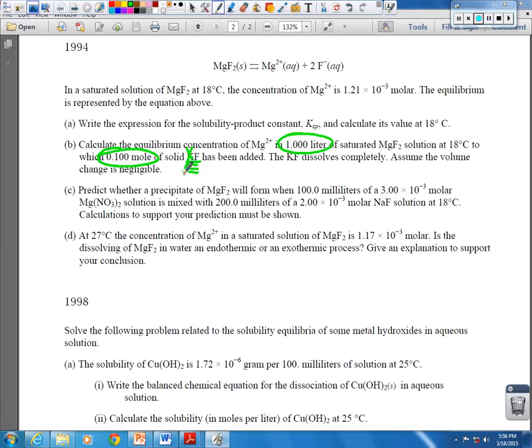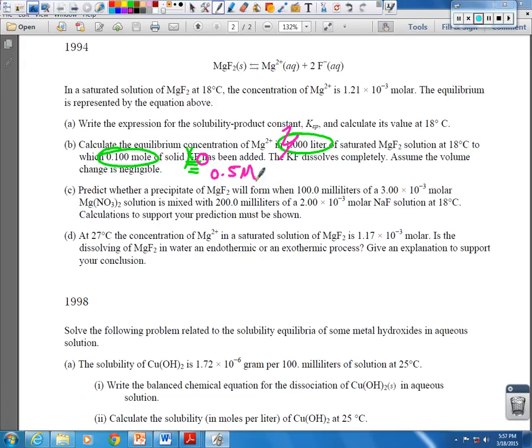Okay, we know potassium's gone, right? Well, because it has a subscript of 1, the concentration is equal to the F-. Now, let's pretend all of a sudden this was 2 liters. What would be your concentration?